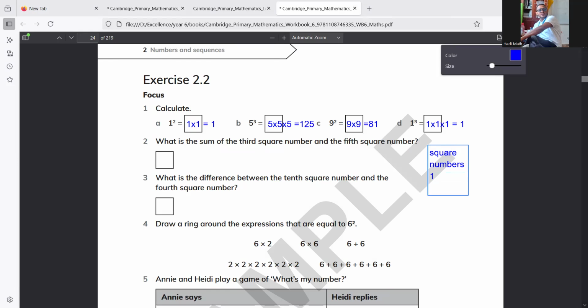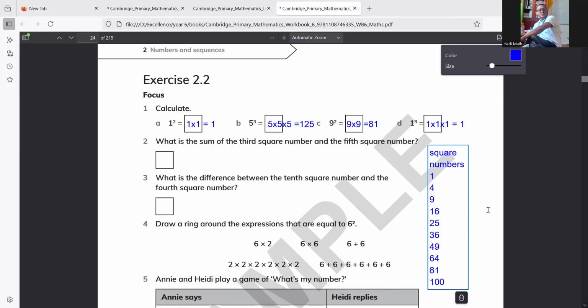The second square number is 4, because 2 multiply 2 is 4. The third square number is 9, because 3 multiply 3 is 9. Then the fourth square number is 16, the fifth is 25, the sixth is 36, the seventh is 49, the eighth is 64, the ninth is 81, and the 10th square number is 100.